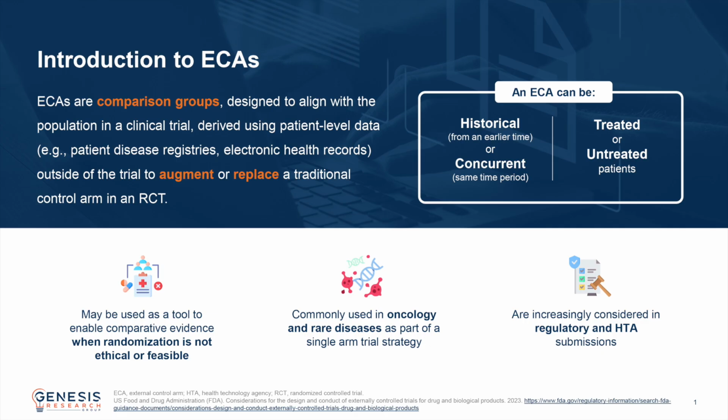ECAs can be historical or concurrent, or contain treated or untreated patients. ECAs are gaining traction for regulatory and HTA evidence needs, particularly in oncology and rare diseases when randomization is not ethical or feasible, but their true value and acceptability in practice is debated.